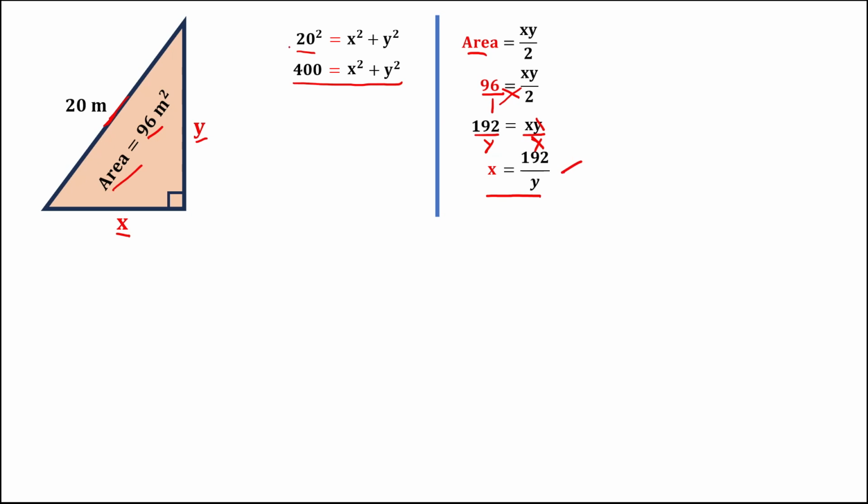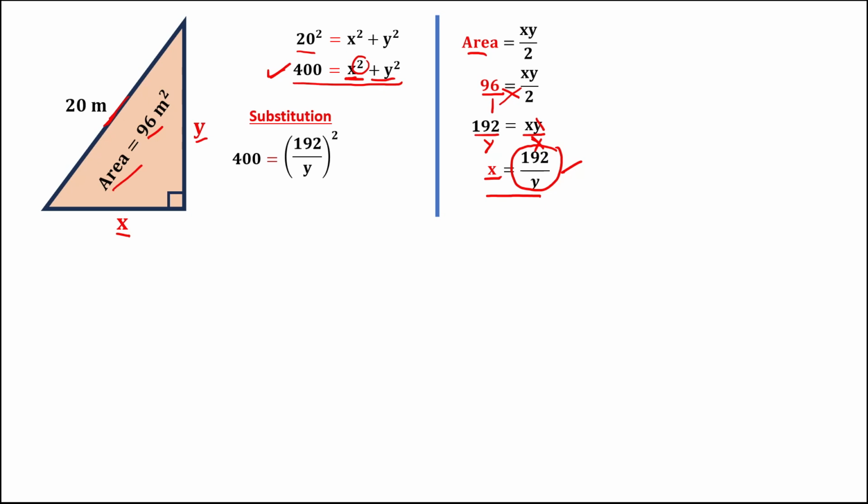Then combining these two equations using the substitution method, from equation number 1, 400 equals x squared, so we need to substitute the value of x using equation 2. This x squared becomes (192 over y) to the power 2.